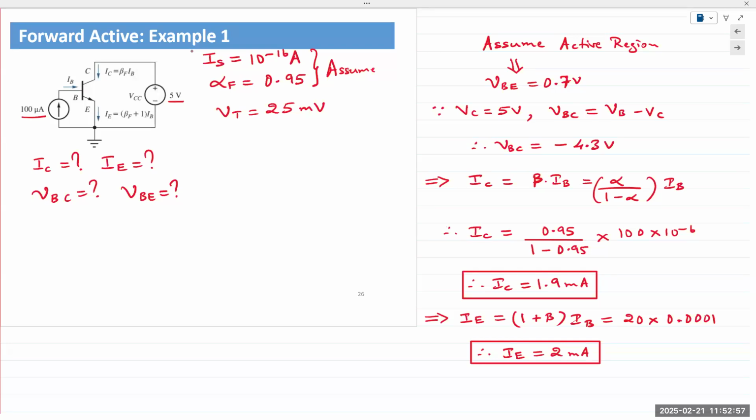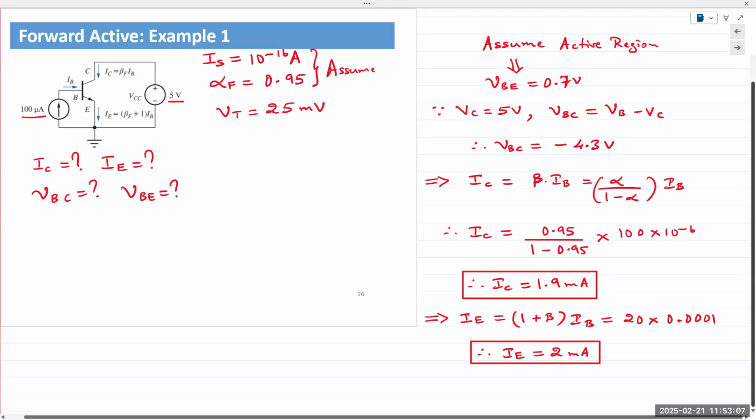So 1.9 milliamps plus 0.01 milliamps gives you about 2 milliamps. All right.